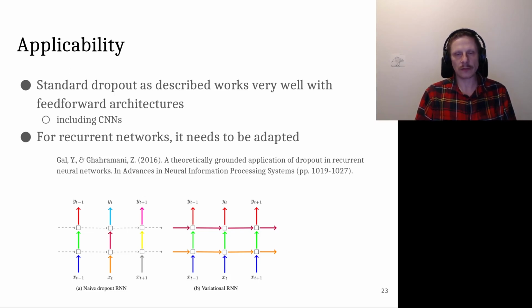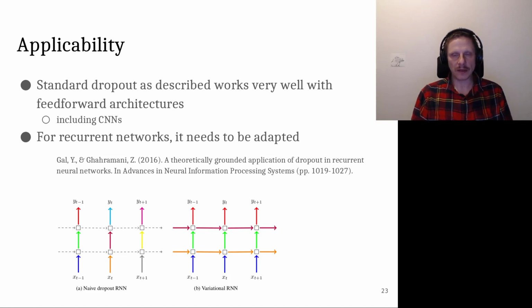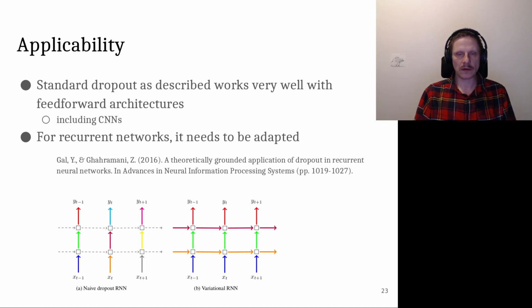There is some particular way of sharing weights, and so regular dropout doesn't really work very well in that case, and we need to adapt it by keeping the mask the same for each time step in the recurrence. I will not go into the details now because we haven't seen recurrent networks yet, but just keep in mind that dropout needs to be done in a specific way for these recurrent architectures.